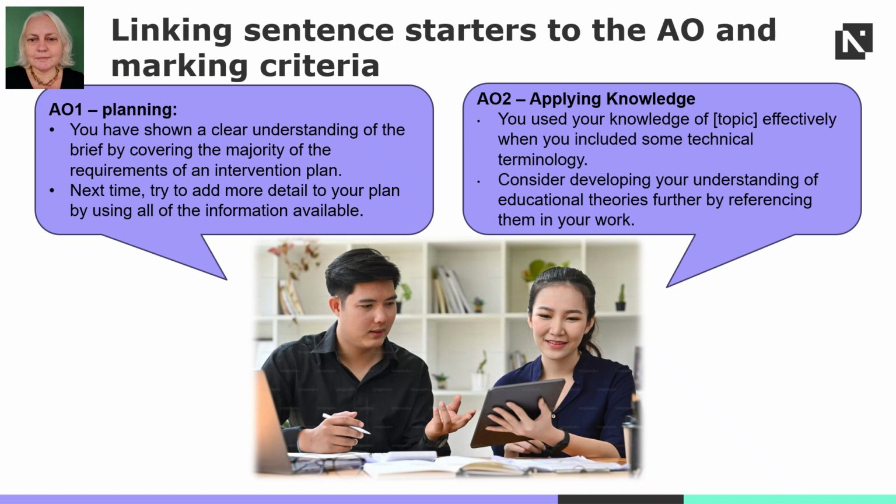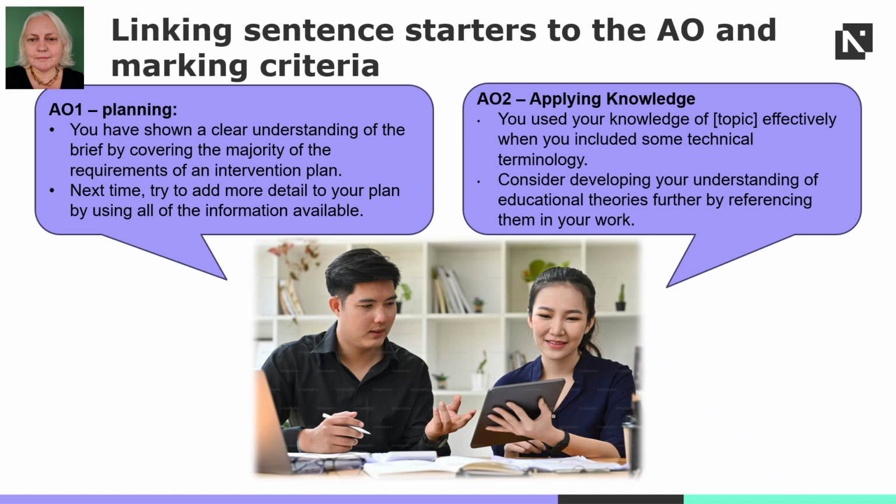So they've said that you've shown a clear understanding of the brief by covering the majority of the requirements of an intervention plan. And that's just taken from the marking criteria. And then they've said that next time, try to add more detail to your plan by using all of the information available. Again, taken from the student-friendly checklist.